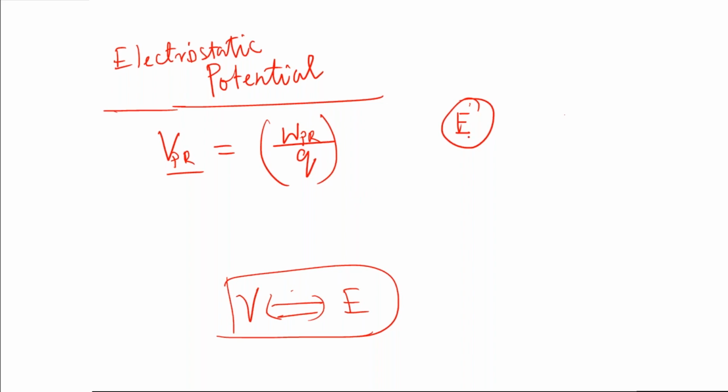Potential energy is actually related to the charge. Potential energy is nothing but the work done, and that is directly related to the test charge I bring. See, this F is equal to Q into E, so this is how it is related.